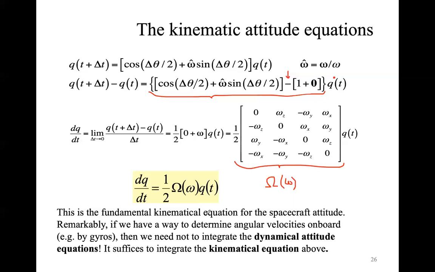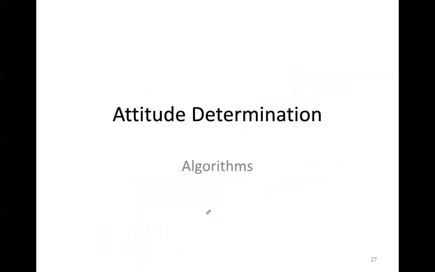So this is important, for example, when you have a gyroscope, because you have continuous measurement of the angular velocity, and you can include those measurements in the integration of the equation in order to determine the attitude every single instant. But there are other families of the attitude determination algorithm that do not need the integration of the attitude state.